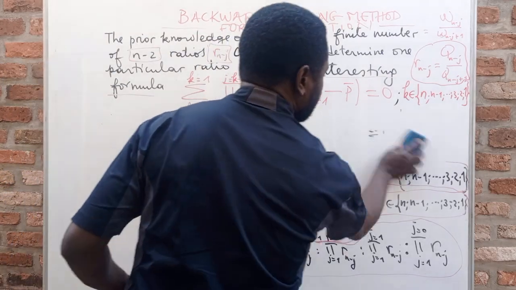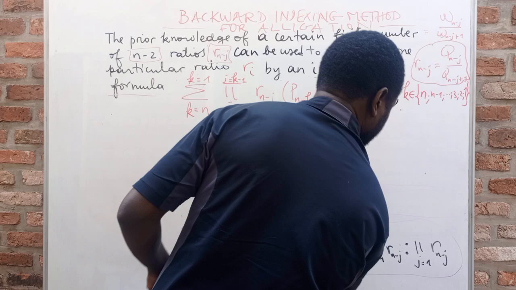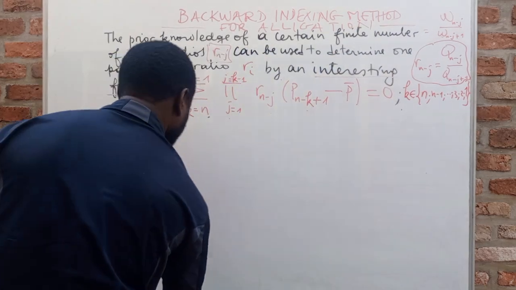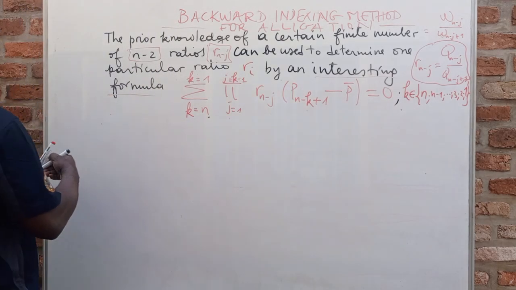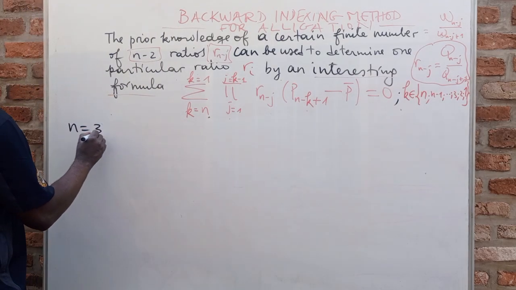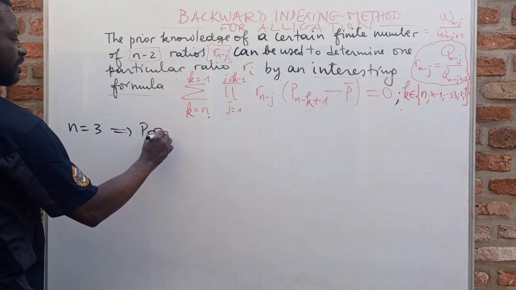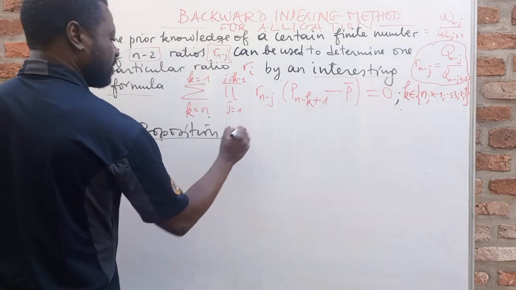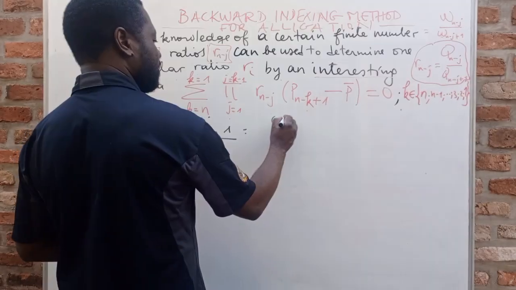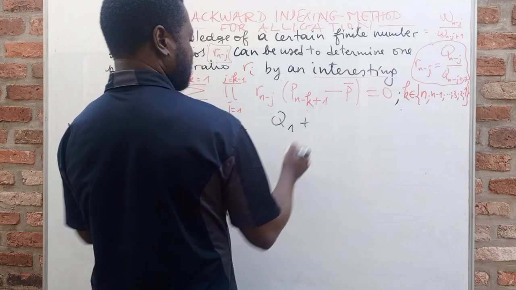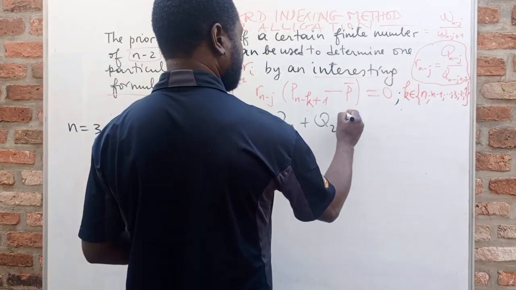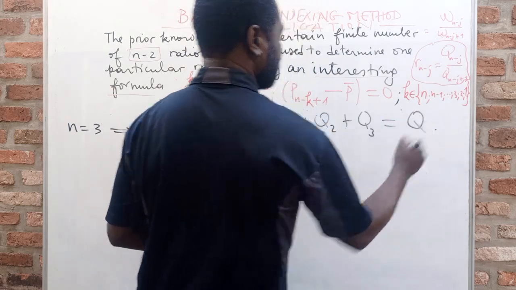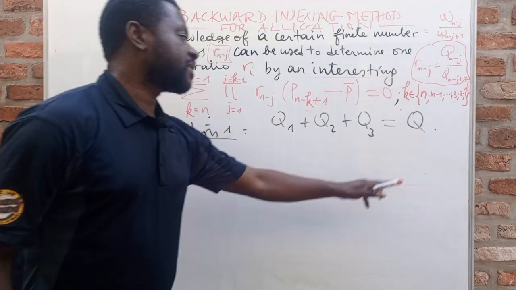Now, proposition number 1: we have the quantities for the first component of the mixture, second, third, and we know that they will give the quantity of the mixture.